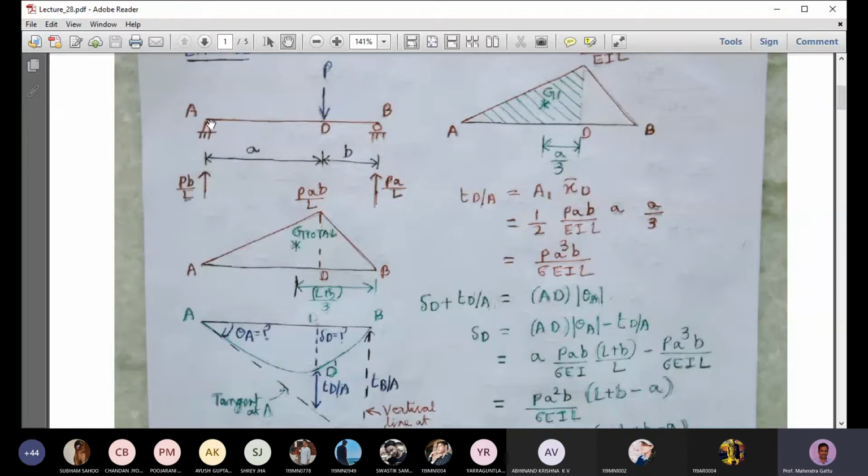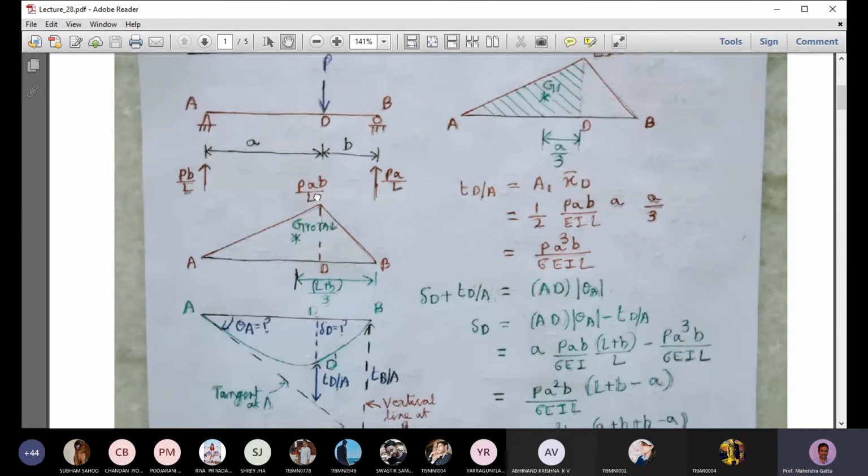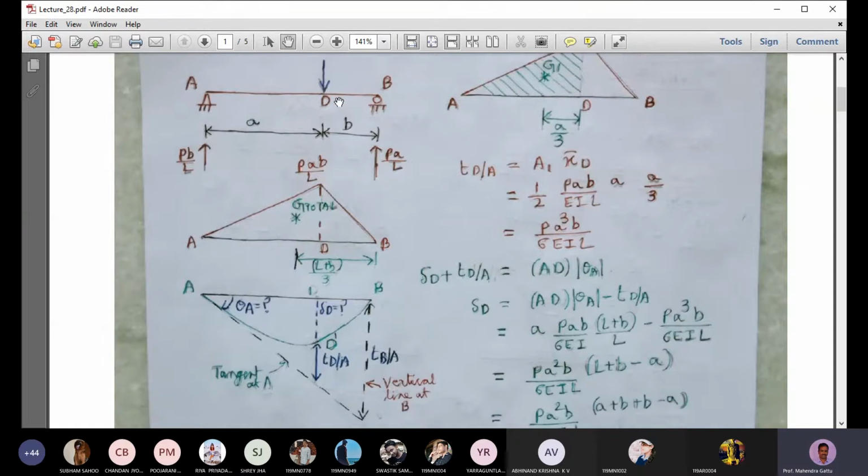It will be 0 at point A and then keep increasing linearly until point D. At point D, it will reach the maximum value, which is Pb by L into the distance AD, which is a. So we write it as Pab by L. And then from there onwards, because of this point load, there will be a decrease in the bending moment, and it will drop down to 0 at point B.